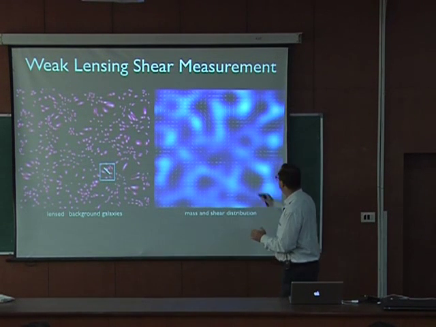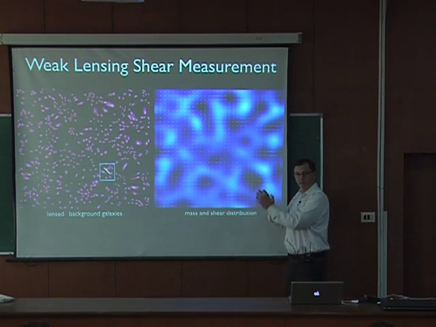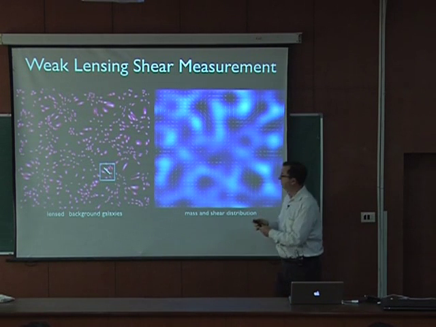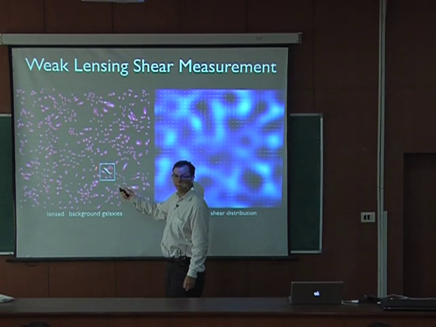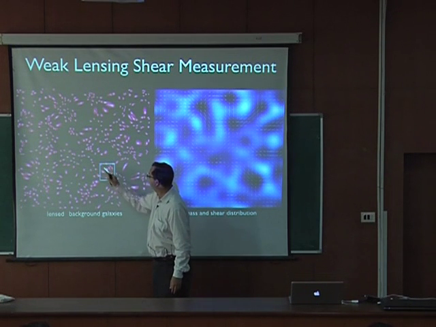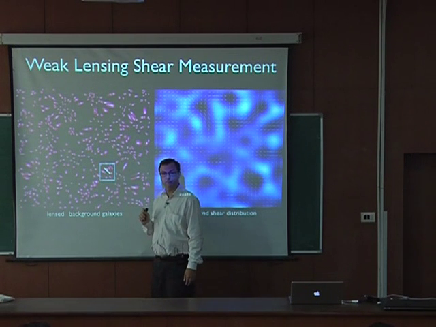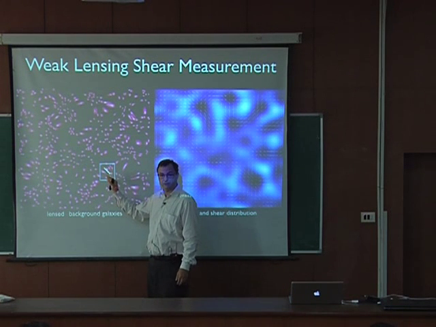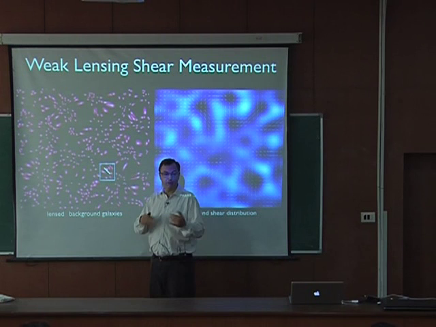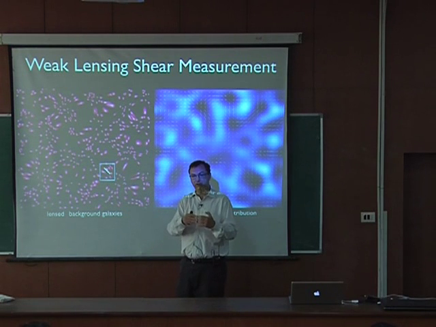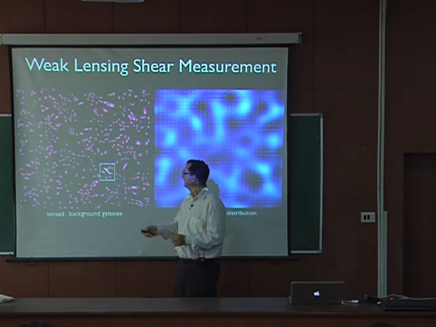Now, because of lensing, they all stretch coherently in the same direction. So if you look at the average ellipticity of the galaxies in this pixel, they would tend to all have an ellipticity in that direction. And that's caused by the shear. And as I'll show later, you can relate the ellipticity of galaxies to the shear. I'll show that in detail.